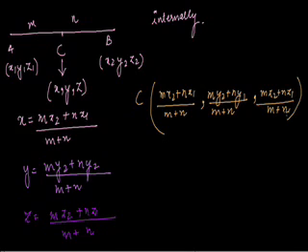So this is the coordinate for the point C, that is mx2 plus nx1 upon m plus n, comma my2 plus ny1 upon m plus n, comma mz2 plus nz1 upon m plus n. So this is the coordinate of point C.